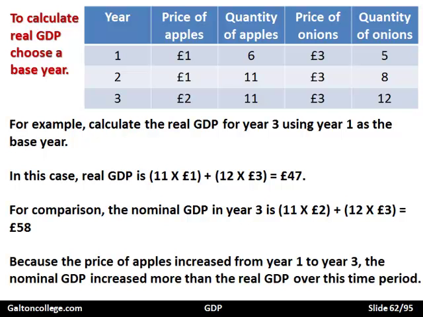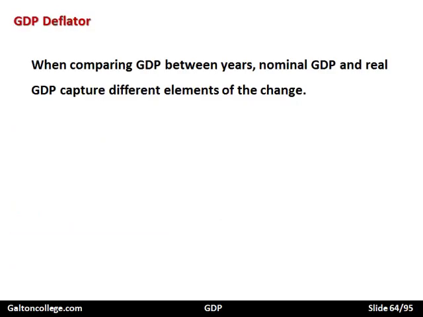Because the price of apples has increased from year 1 to year 3, the nominal GDP increased more than the real GDP over the same period. The nominal GDP takes into account the increase in the quantities produced and the increase in the price, whereas the real GDP only takes into account the increases in quantity. When comparing GDP between years, nominal GDP and real GDP capture different elements of the change.